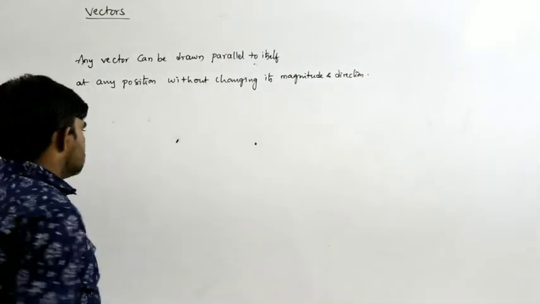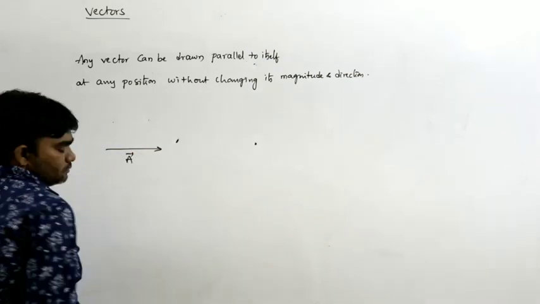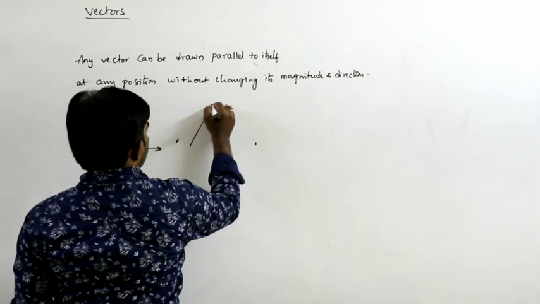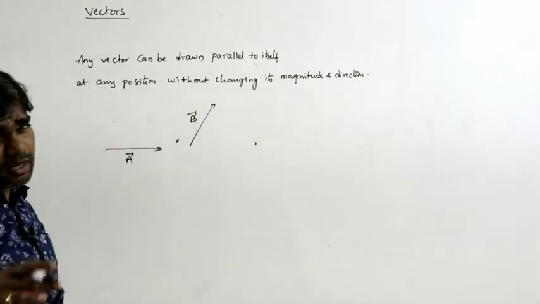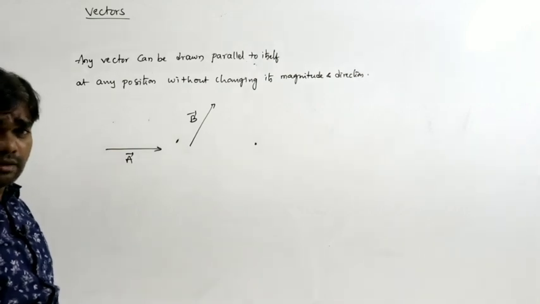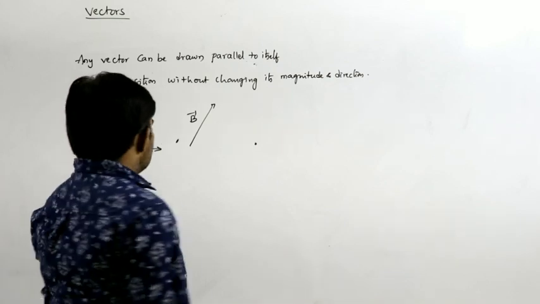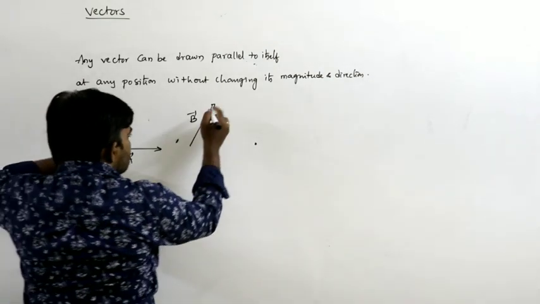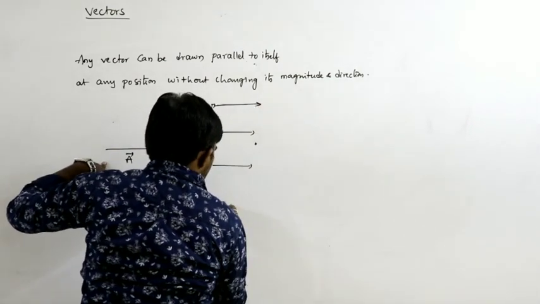See here, this is one vector A bar. For example, another vector B bar here. We want to calculate B bar plus A bar or B bar minus A bar. So this vector A bar not only is represented here, it can be represented here or here or here.